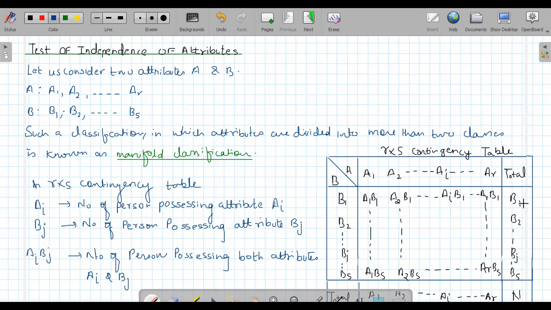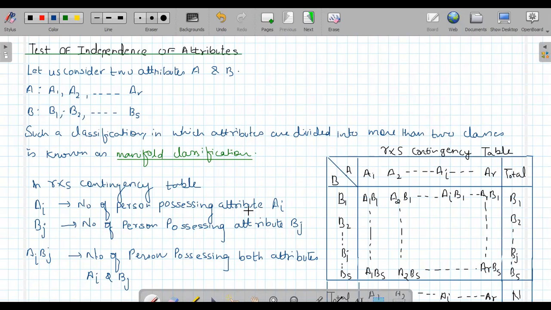Here B1, B2, Bj, BS denote the row totals, and A1, A2, AI, AR denote the column totals.